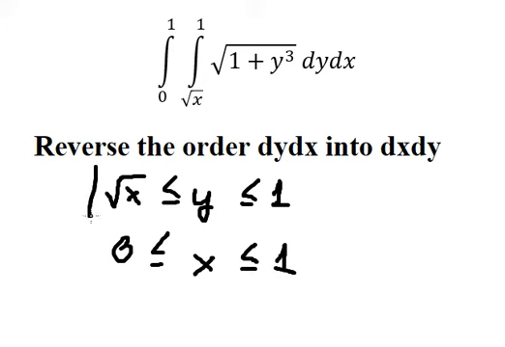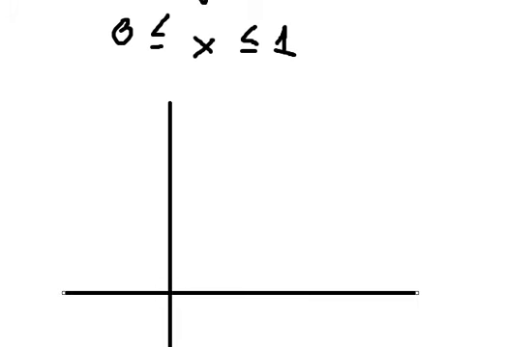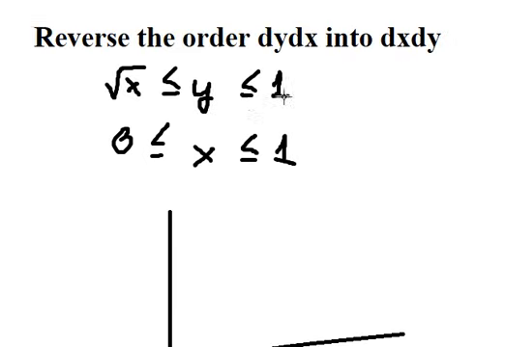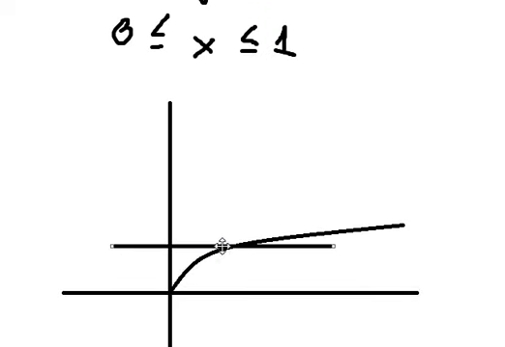And now we need to plot y equals the square root of x. So the graph should be like this. y equals number 1, the graph should be like this. From 0 to number 1. That should be in here.